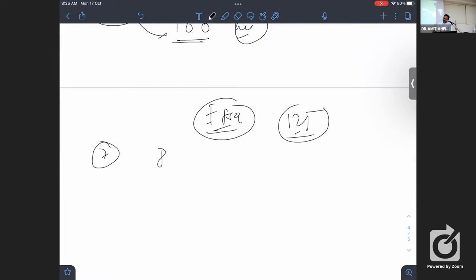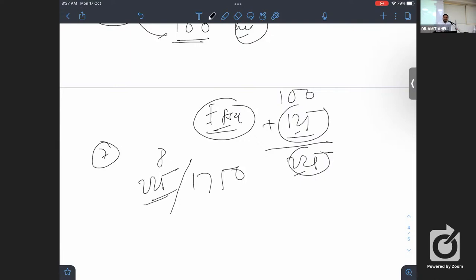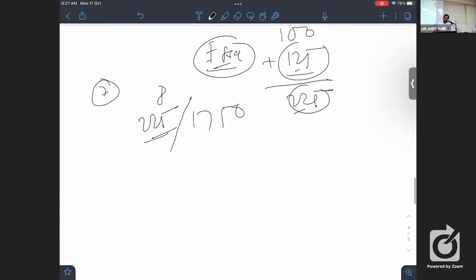So when we add these 100 marks with the essay marks, it becomes 225. Out of 1750, science and technology weightage is more or less 225 marks, right? So you cannot neglect this topic.